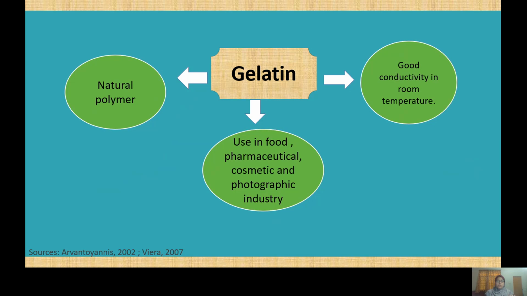It also has good conductivity at room temperature. There is some research about the gelatin conductivity. They got around 10 to the power negative 5 to 10 to the power negative 4 Siemens per centimeter.